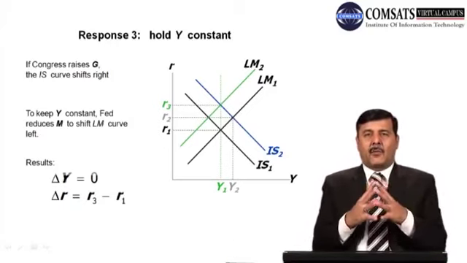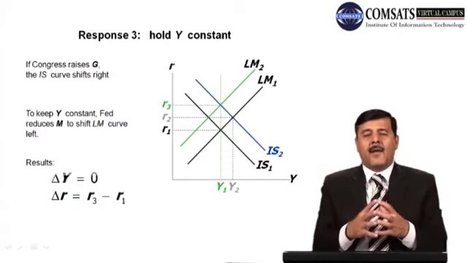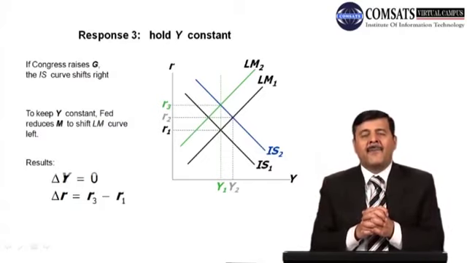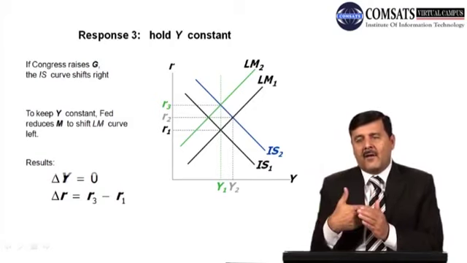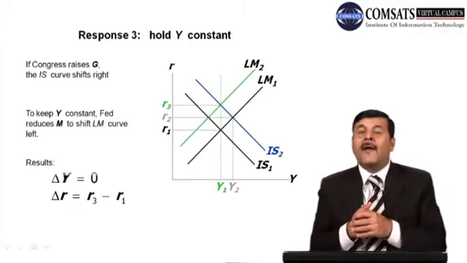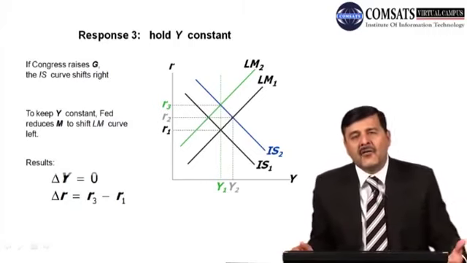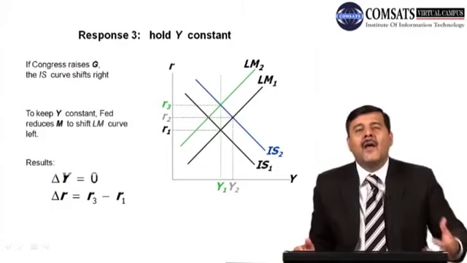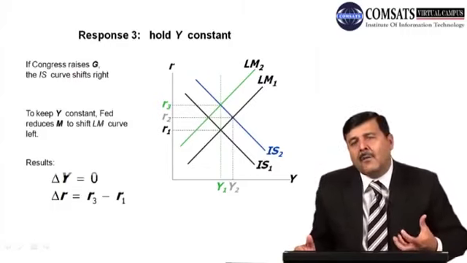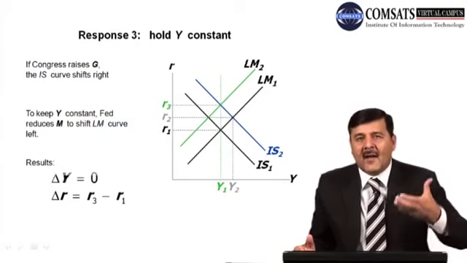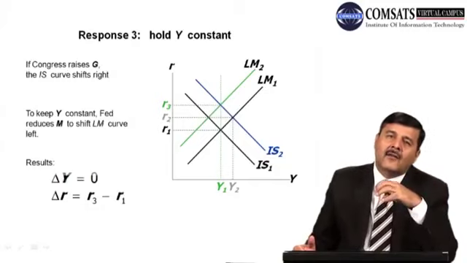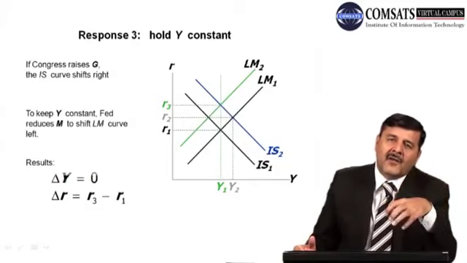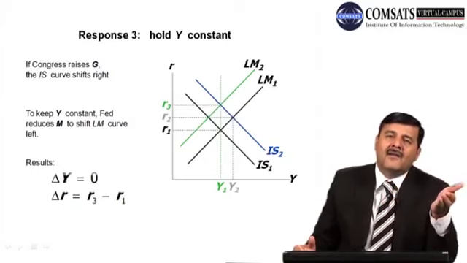When you have interaction of both policies together in one diagram, in one setting, different possibilities can arise. If a policymaker changes the tool of one policy, the responses of the other policy can be different, and in each response the effect on macroeconomic variables can be different. As we saw here, whenever there is a change in government purchases, the response of the Fed or the monetary policy could be different. Either they will hold M constant, they will hold R constant, or they can hold Y constant.